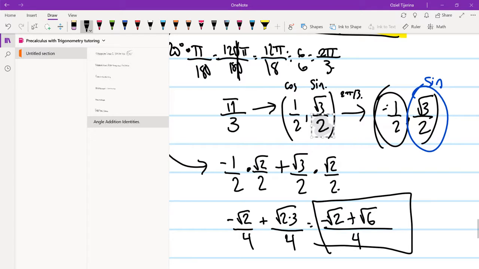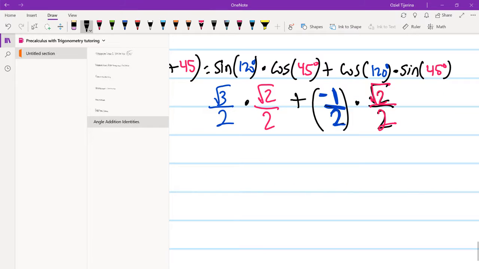So then all you have to do is multiply. Remember that when you have two radicals, you basically multiply, so you would say the square root of 3 times 2 over 2 times 2, plus, and since it's negative, minus the square root of 2 over 2 times 2.